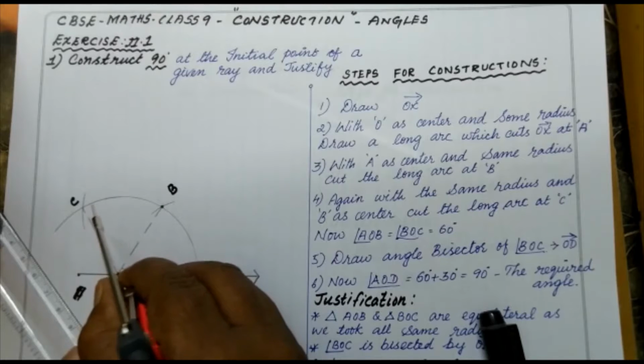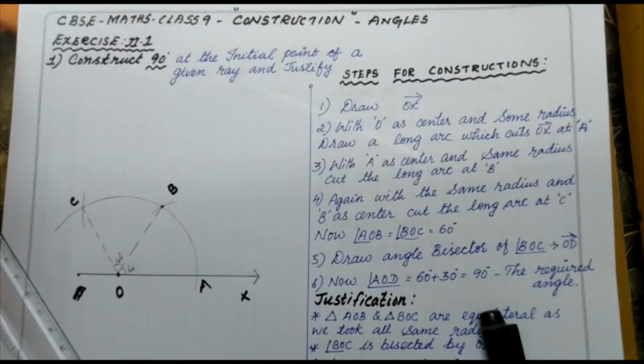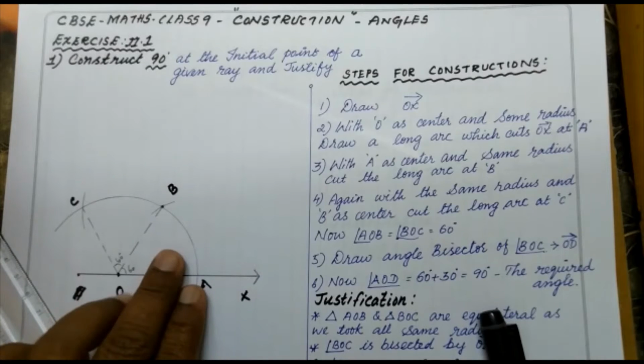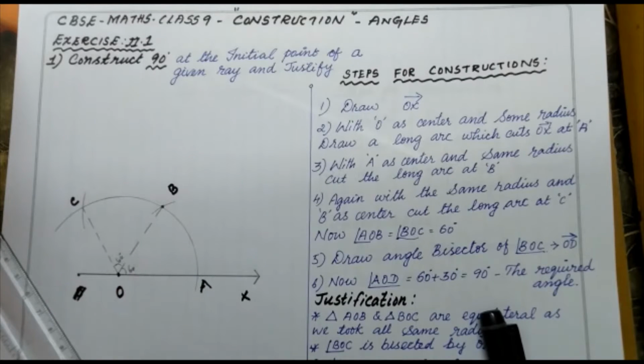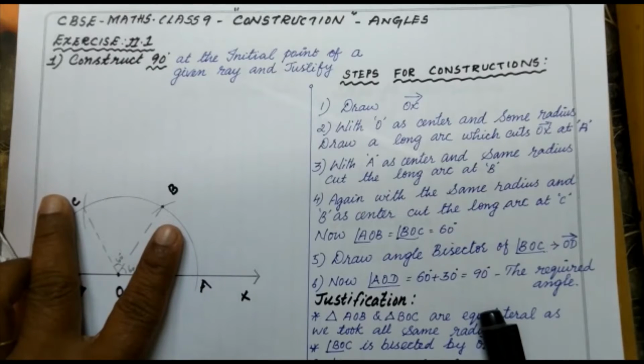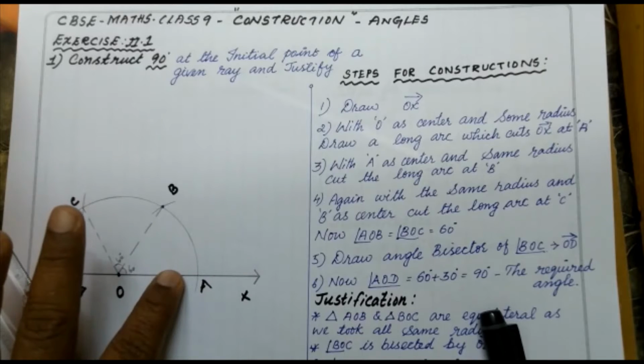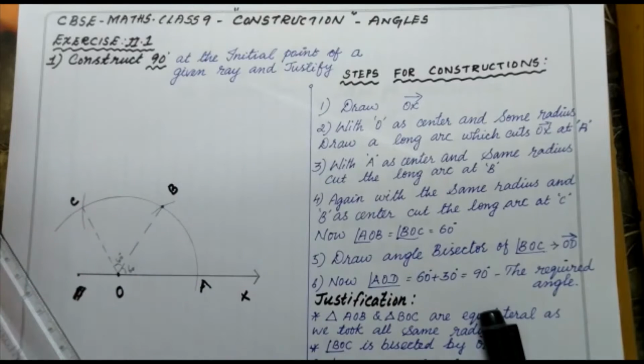So 60, another 60. Now this 60 is fine for me. To construct 90 degree, I need one more 30. If I bisect this 60 degree, this will become 30 plus 30. 30 plus 60 will become 90. So I am going to construct the bisector for this angle BOC.